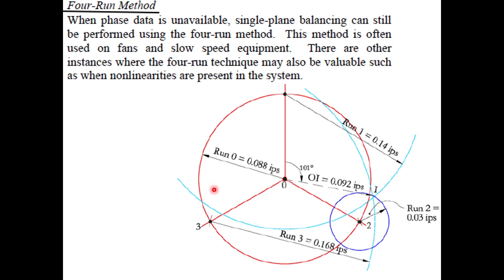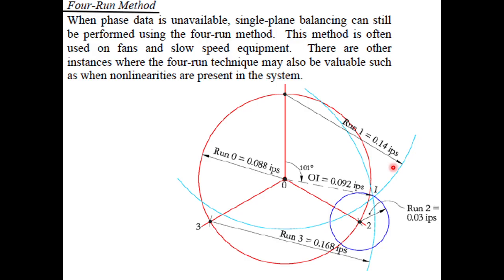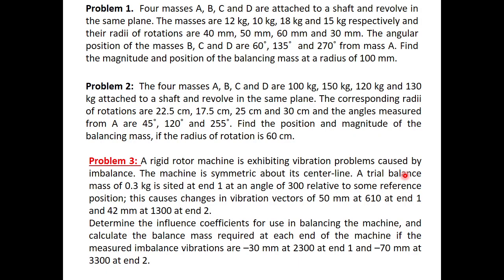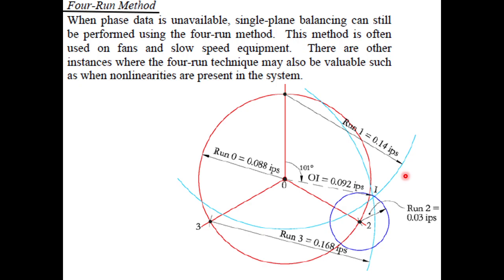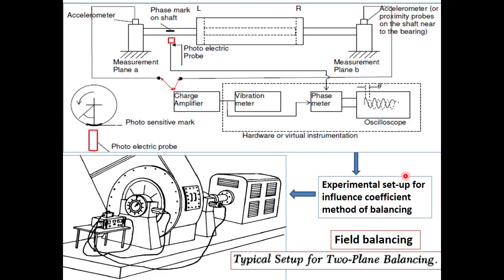But the question is how to draw these vector diagrams from these measurements. That part I am not going to explain here, but this is what is available in any textbook where this field balancing section is there.